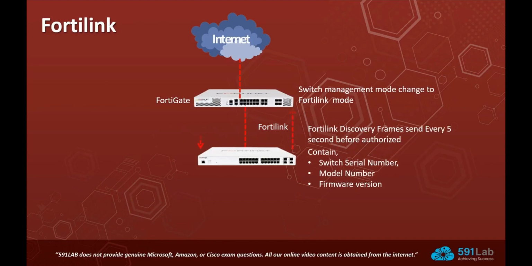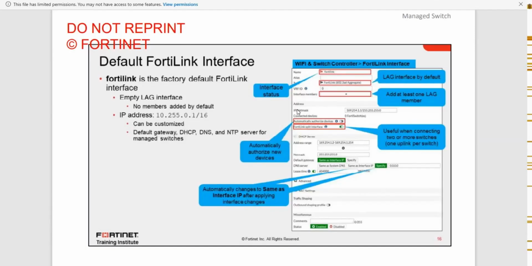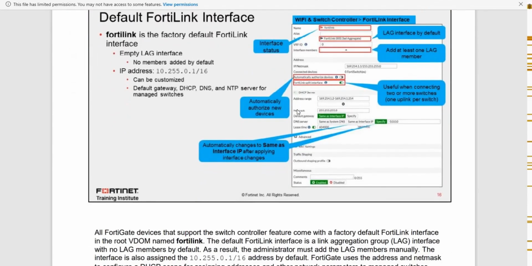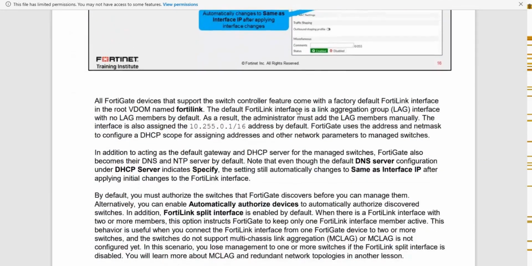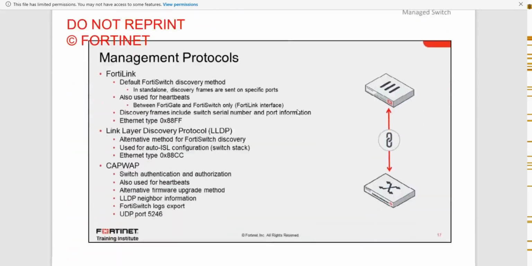After the authorization, FortiGate sends a FortiLink frame to the FortiSwitch to notify that the switch has been authorized. For more information regarding FortiLink authorization, you can get the FortiSwitch 7.2 study guide, page number 19.